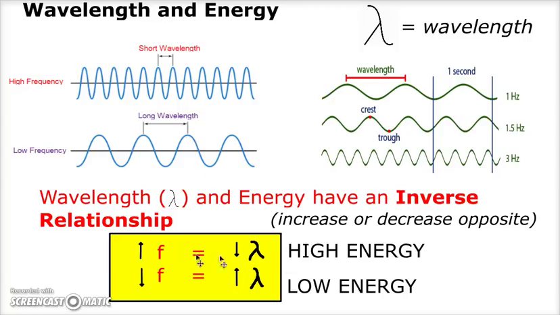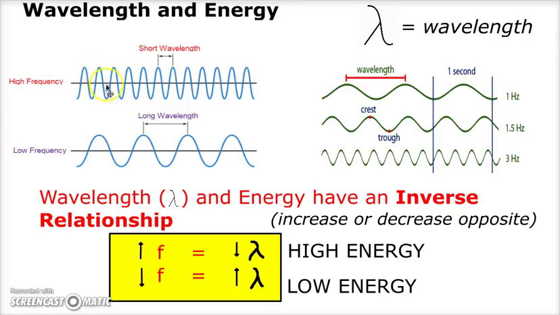This means that the relationship between wavelength and energy is inverse. Because when there is high frequency required by high energy, then the wavelength is less. But when we have decreased frequency, which requires decreased energy, then we have an increase in wavelength.